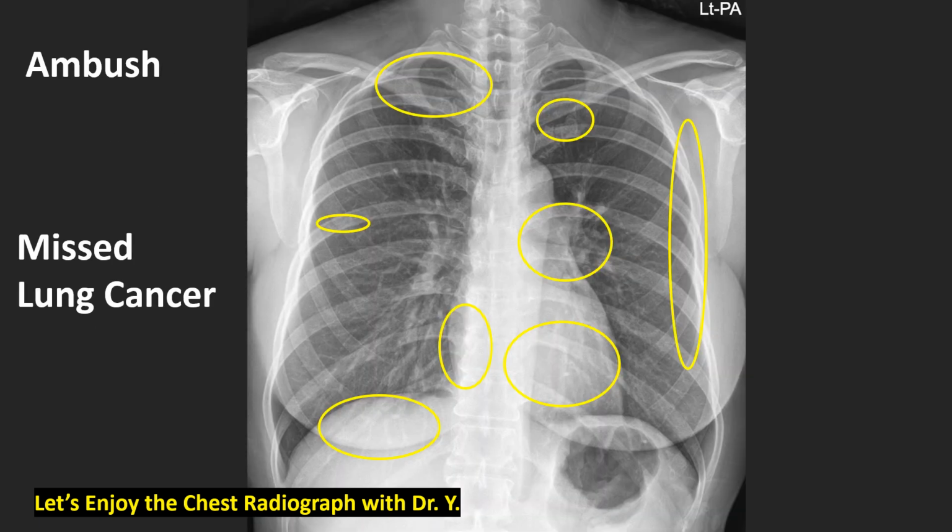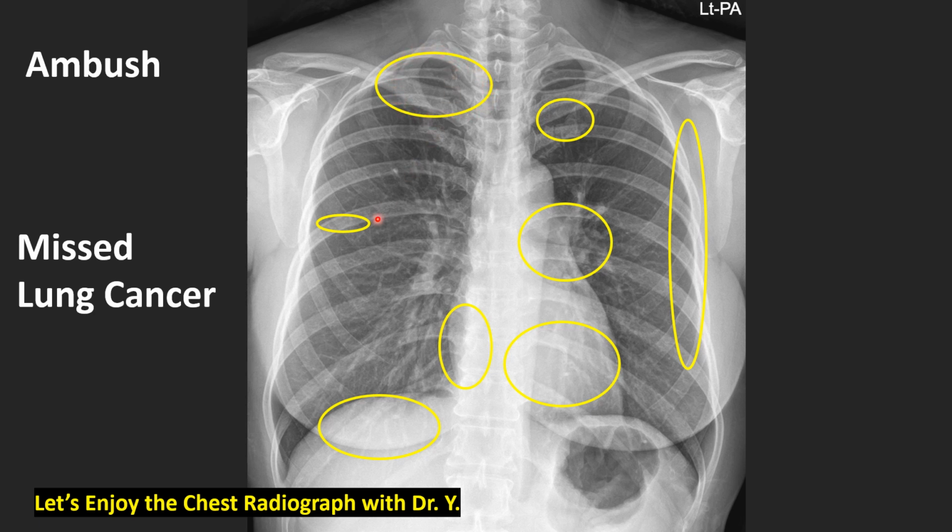On these several yellow round areas, we used to miss the lung cancer. In other words, lung cancer ambushes itself. This is the apex. I told you before, be careful about the owl's eyes.